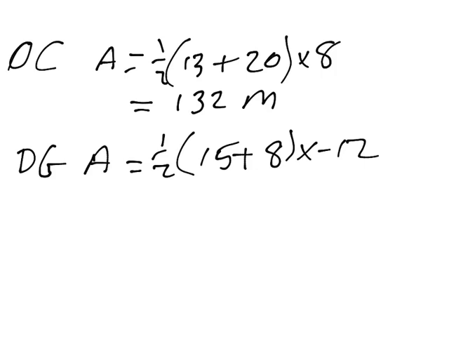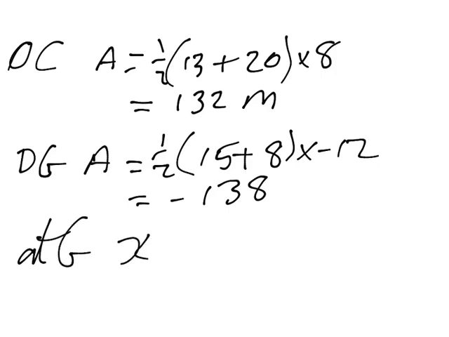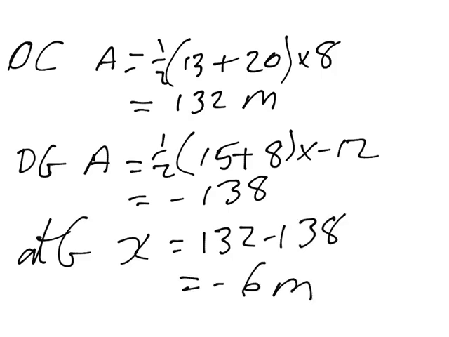So it comes out to be negative 138. Okay, so at C it's 132 metres above the ground, then it goes down. So at G, its position is 132 minus 138, which is negative 6 metres.